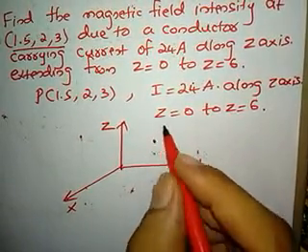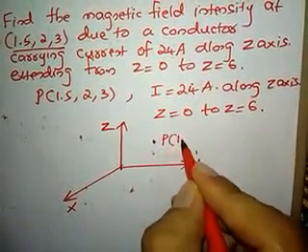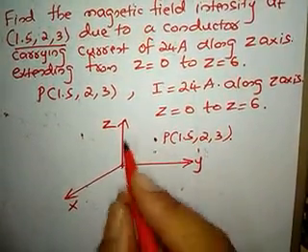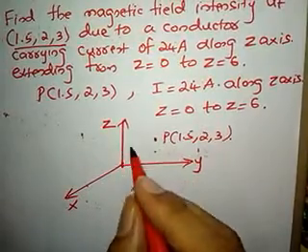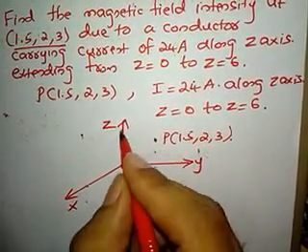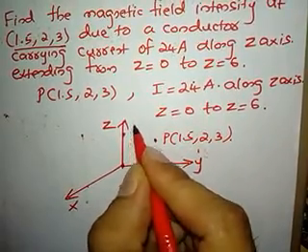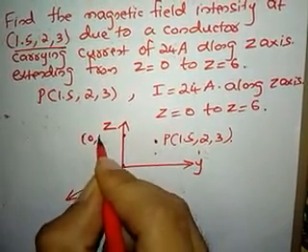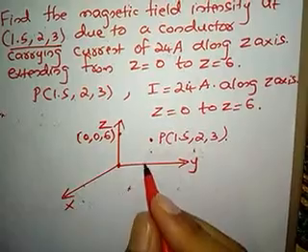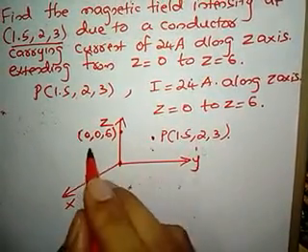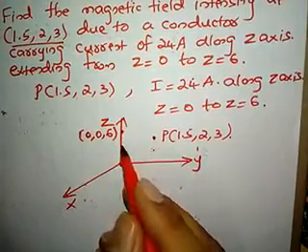Somewhere here we get the point P, 1.5, 2, 3. And the conductor is from Z equal to 0, this is Z equal to 0, to Z equal to 6, somewhere here. So the coordinates of this end are 0, 0, 6, because it is on the Z axis, so X and Y will be 0.